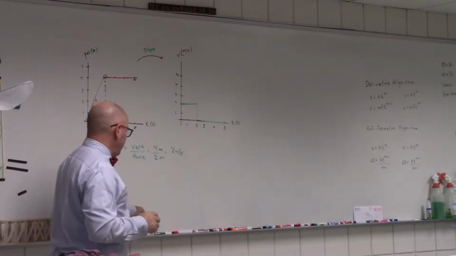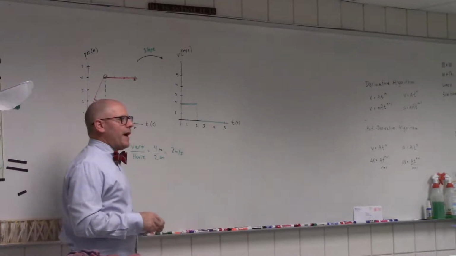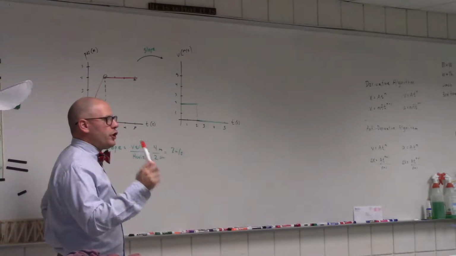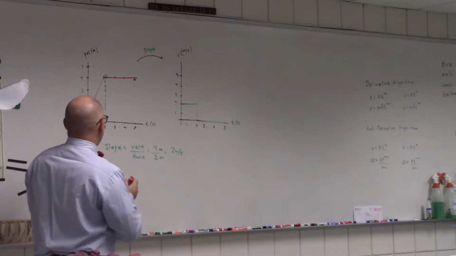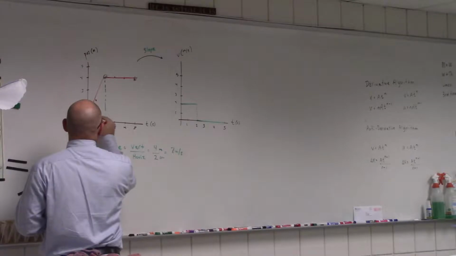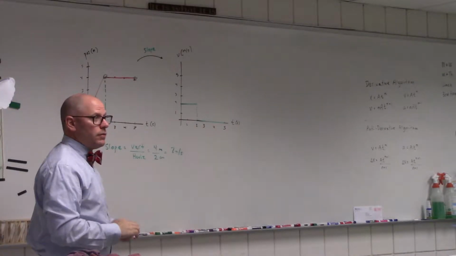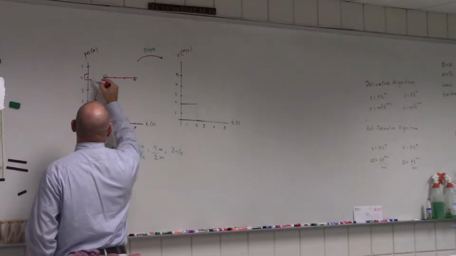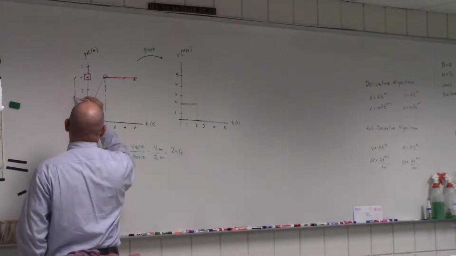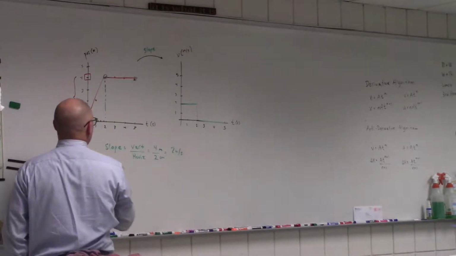All right, so this looks good to me. One of the things we have to do is try to figure out what the change in the position is. All right, so let's do the change in position. What is the initial position? 0. At 5 seconds, what's the final position? 4. And then here we just say, what was the change in position?